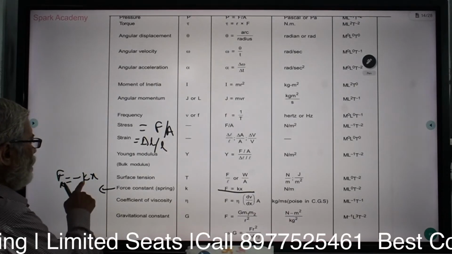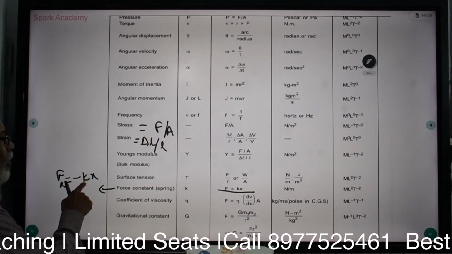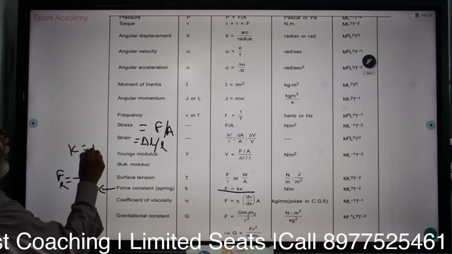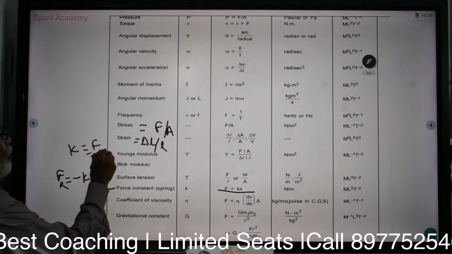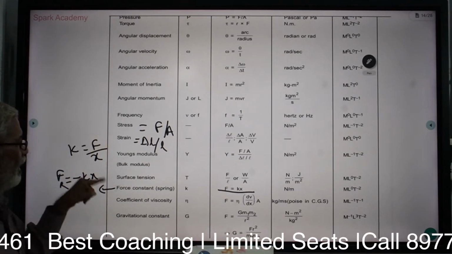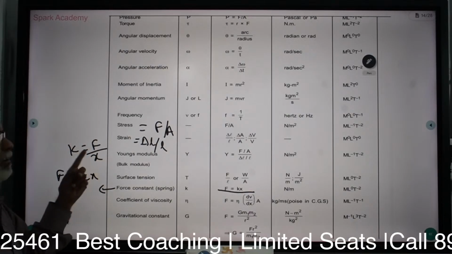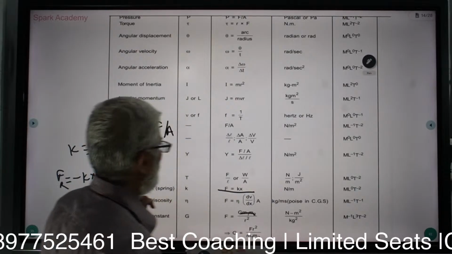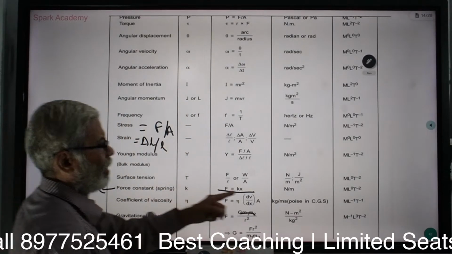But K is called the force constant or spring constant. So K will be equal to force by x. Force is MLT minus 2, divided by L. So L and L cancel, so it is MT minus 2.